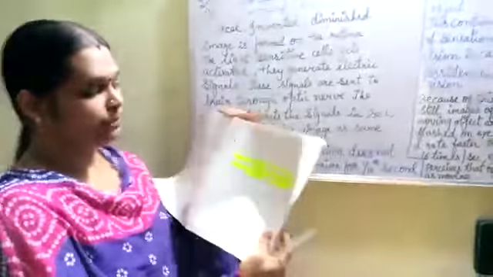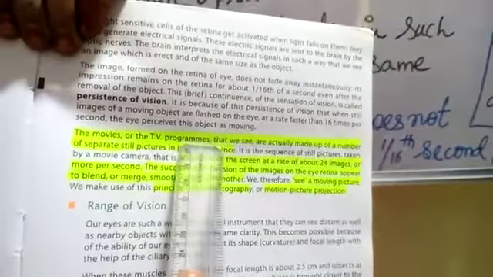Okay children. You can see on page number 201 where I have highlighted it. When it is faster than 16 times per second, the eye will perceive the object as moving. This principle is used in movies and TV programs.